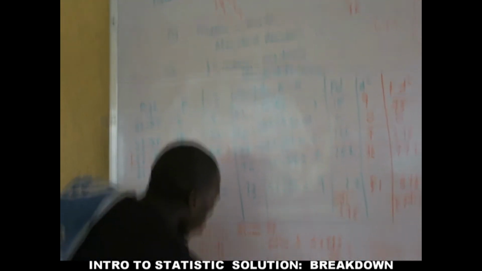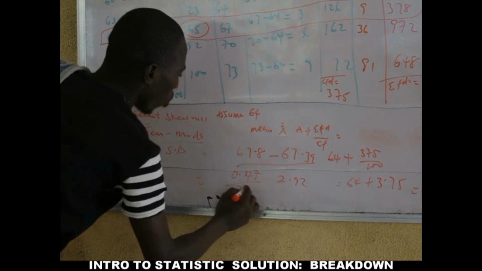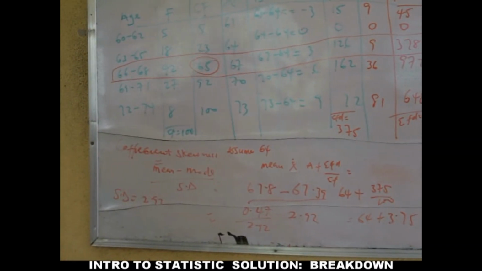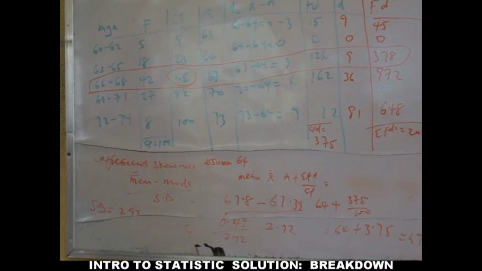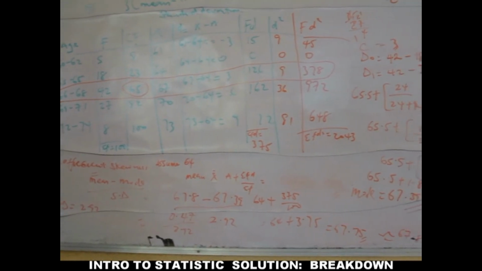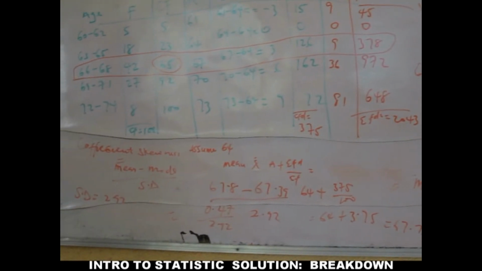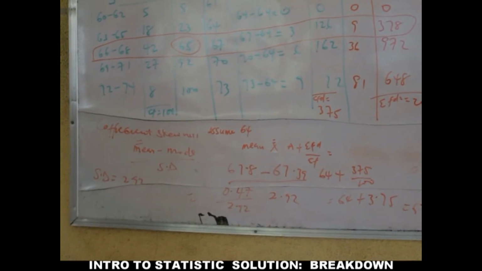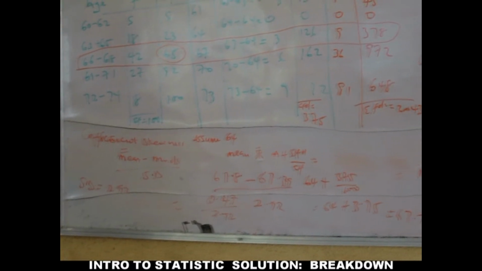That means 0.47 divided by 2.92. If you do it, use your calculator and give me the answer. 0.47 divided by 2.92.